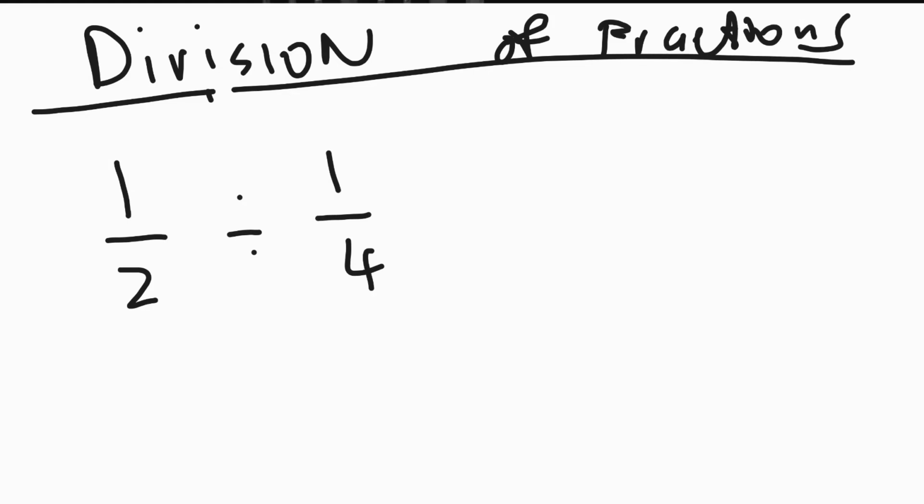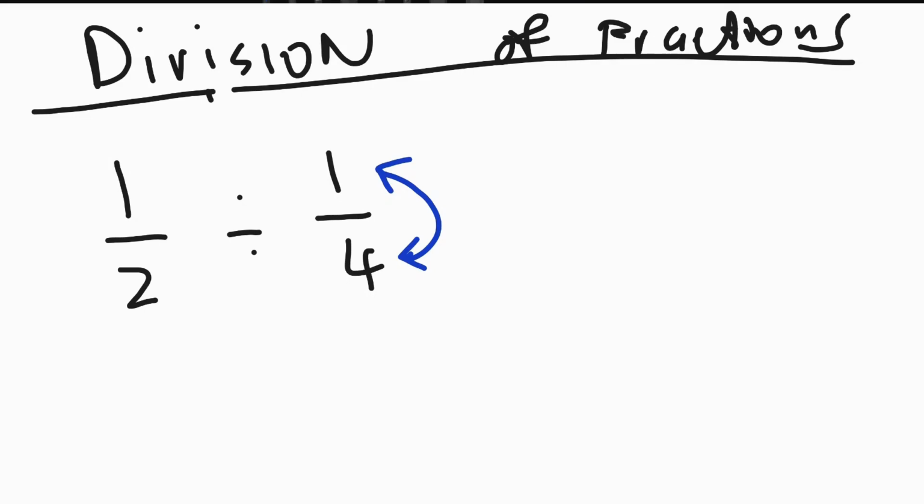Okay, it has a very, very easy rule, and like I say, division holds hands with multiplication because they work together. Okay, so for division, you are going to flip the fraction on the right hand side. You're going to take 4 up and you're going to bring 1 down.